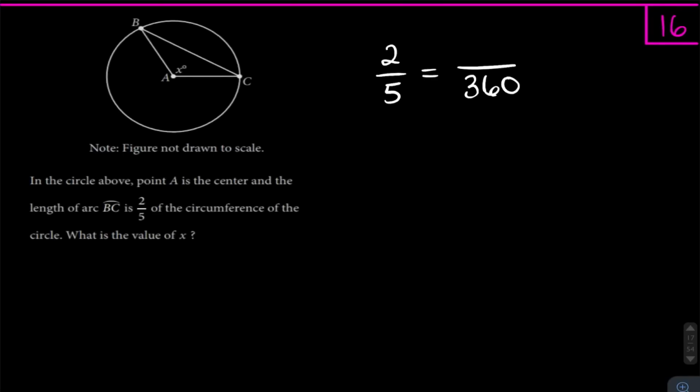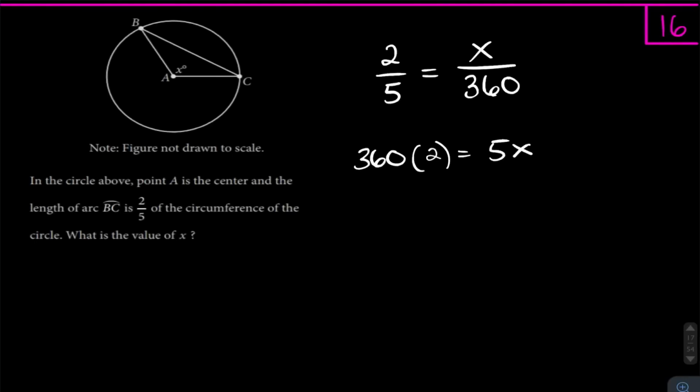So this is the angle that we're trying to find, angle x. This is the angle of the arc that has been traced out. So that's x. Then we just cross multiply, we get 360 times 2 equals 5x.